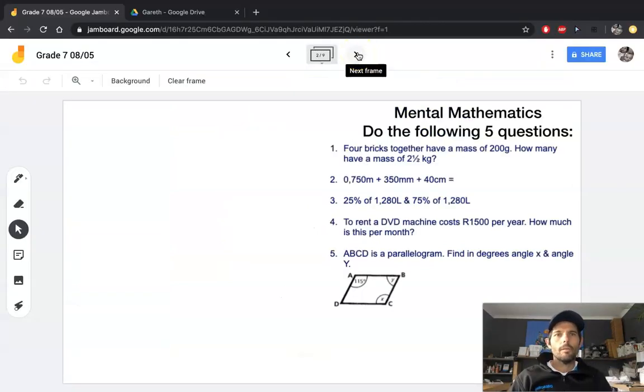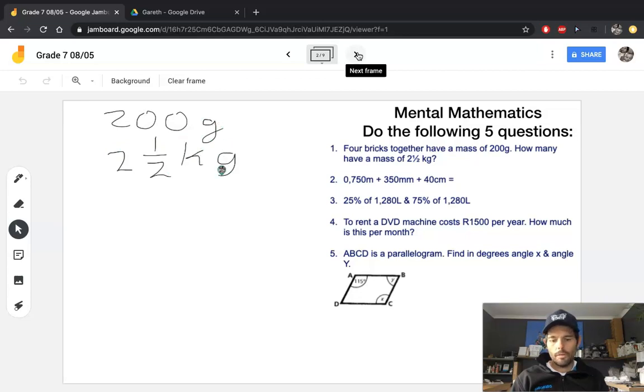For question number 1, 4 bricks together have a mass of 200 grams. Okay, and we need to figure out a mass of 2.5 kilograms. So the first thing that I would do is convert 2.5 kilograms to 2,500 grams. And then I need to figure out how many times 200 grams goes into 2,500 grams, okay?